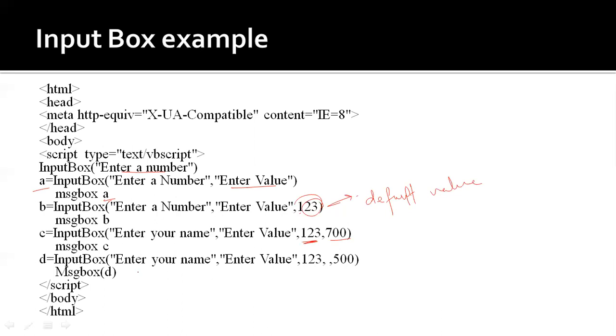In the next case, enter your name is the message, enter value is the title of this input box. 123 is the default value, and since there is a skipped value, it means there will be no X position value, and for Y position value it is given 500 as the Y position.